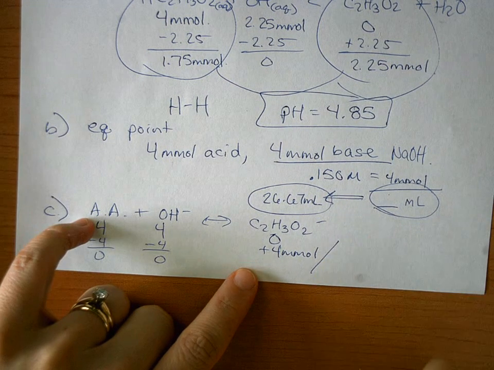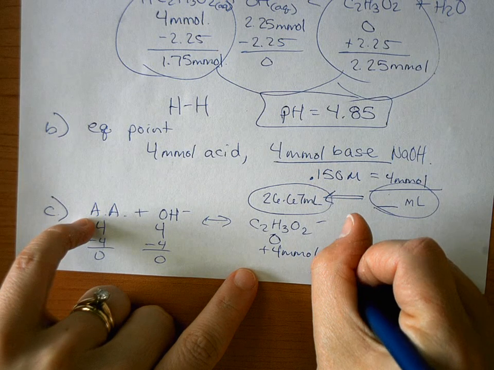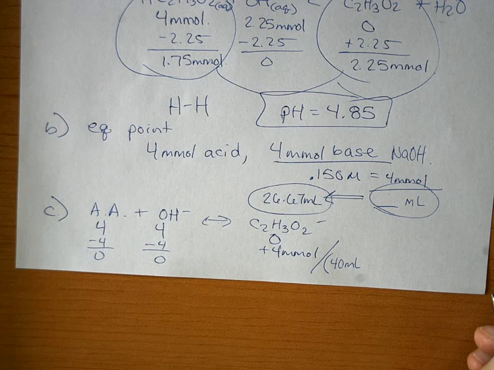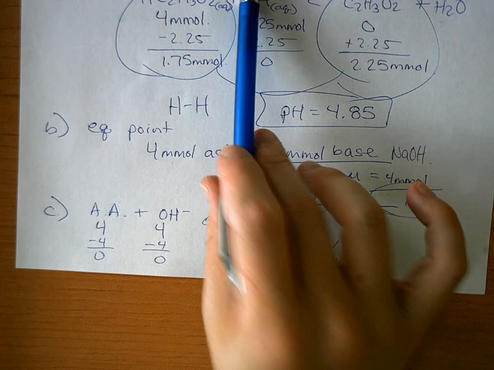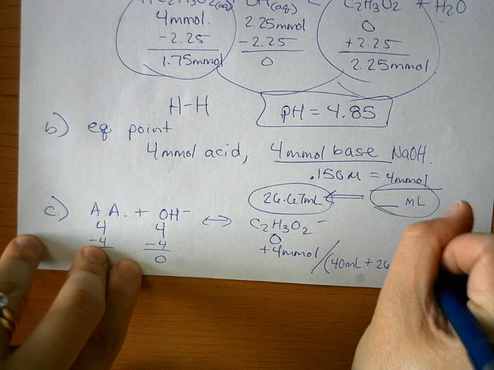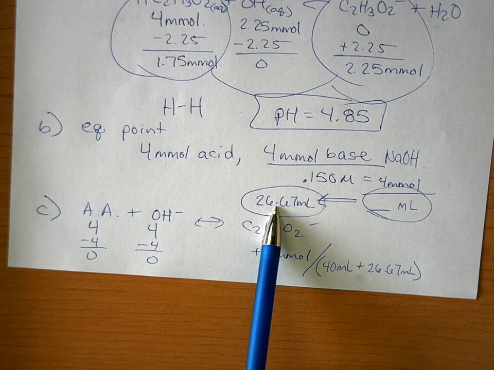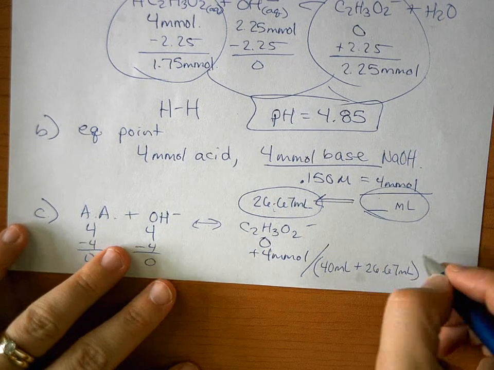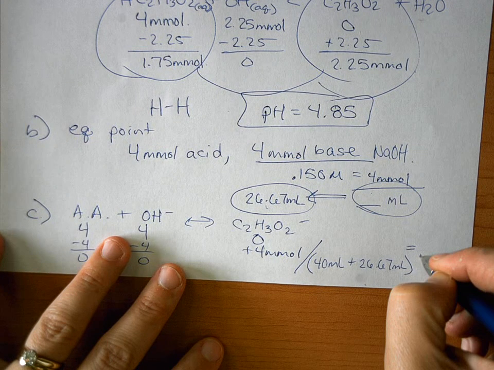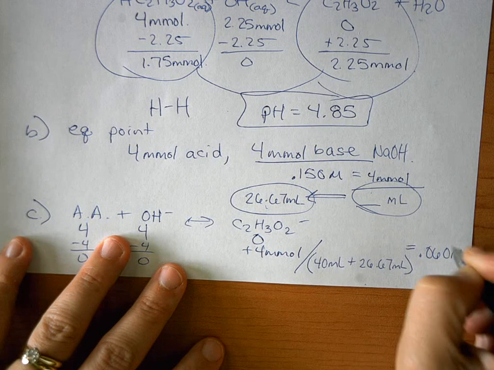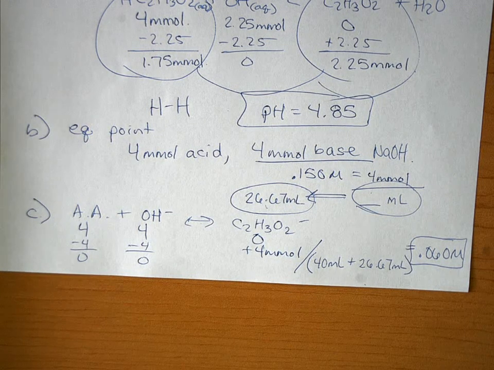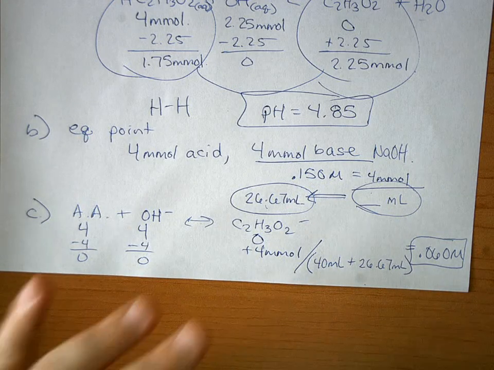Then I just need to divide that by my total volume, which was the 40 milliliters of the acetic acid plus the 26.67 milliliters of the sodium hydroxide. So then you can just divide that out. You get a concentration of 0.060 molar, which we need for part D.